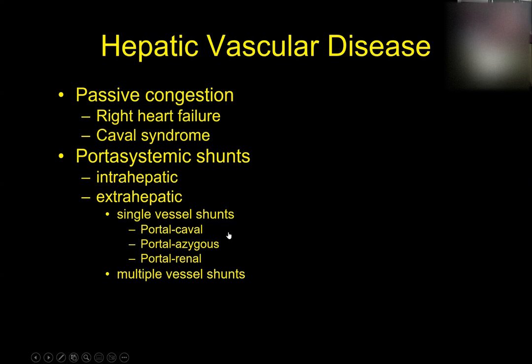So this is an abnormal blood vessel that connects sometimes the portal vein inside the abdomen, not in the liver, but inside the abdomen to the caudal vena cava, or the portal vein to the azygos vein, or the portal vein to a renal vein, something outside of the liver, an extrahepatic shunt, but it's only one little abnormal blood vessel. Okay. Those are the kind that by far are the most common.